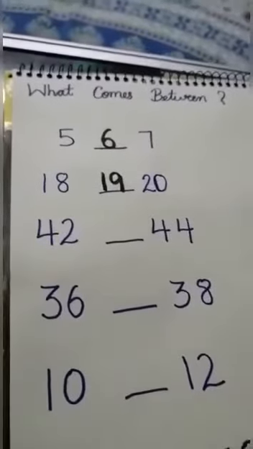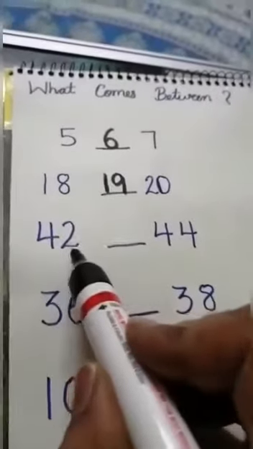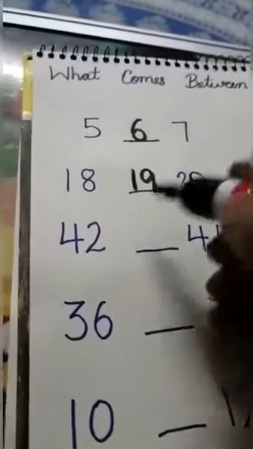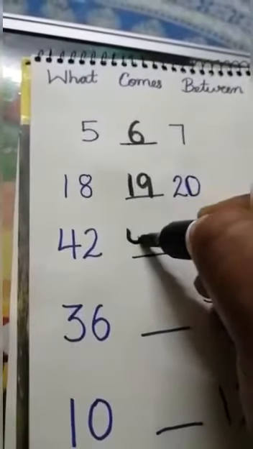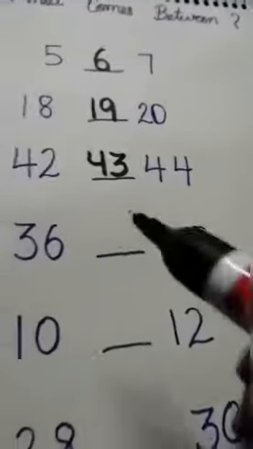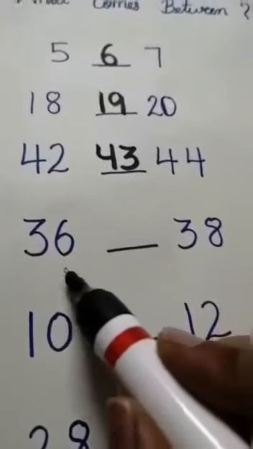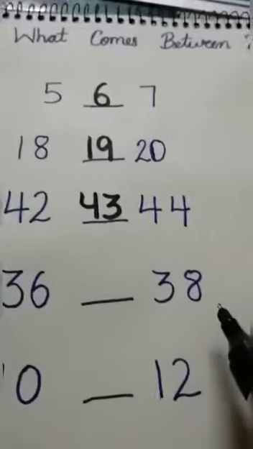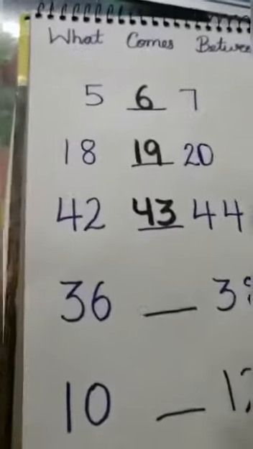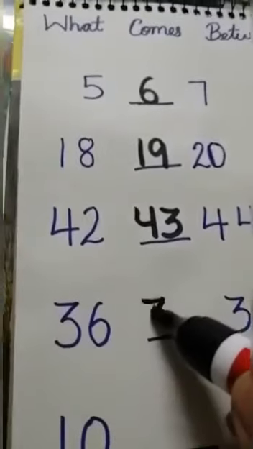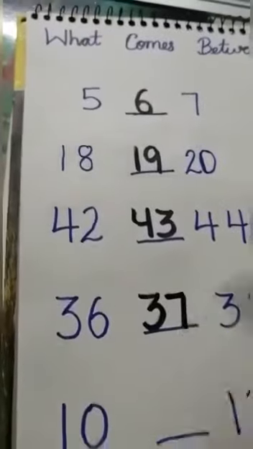Now next number is 42, blank, 44. So the number that comes in between is 43. Then next we have 36, blank, 38. So which number will come in the blank? 37.